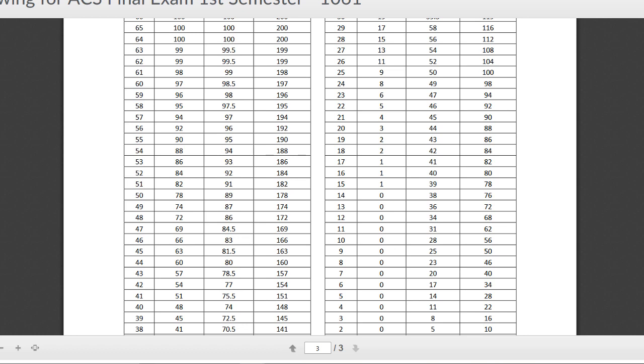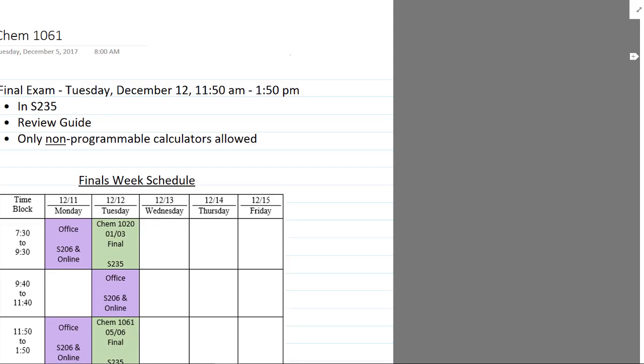I don't see the date and time for the final listing. The date and time. Right here. Tuesday, December 12th, a week from today, at 11:50 till 1:50 p.m. We'll actually use about the first 5 minutes to go through instructions and to remind you, don't write on the exam booklet and stuff like that.